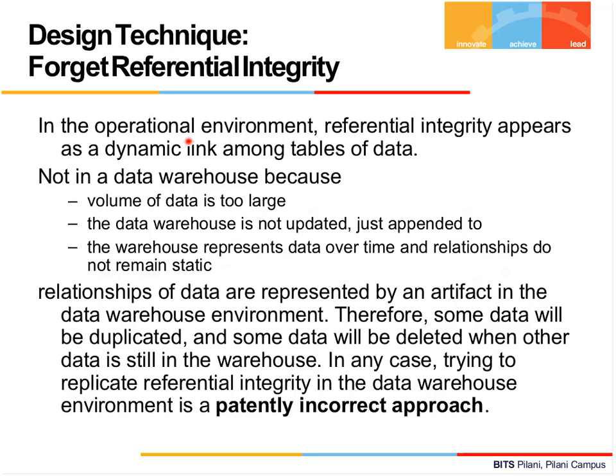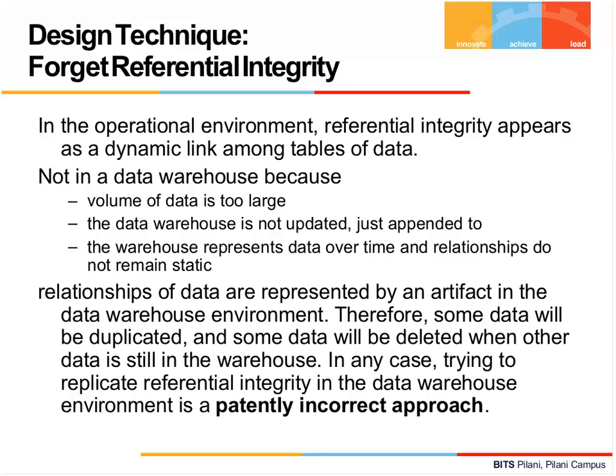We will still have primary key, foreign key relationships and all that, but don't be rigid on that. Say I would like to make sure I have primary foreign key relationships, and that I don't have duplicate data and all that. We are going to introduce some data duplication in the data warehouse as long as it is going to help the performance of query execution. Okay, that is an important aspect.